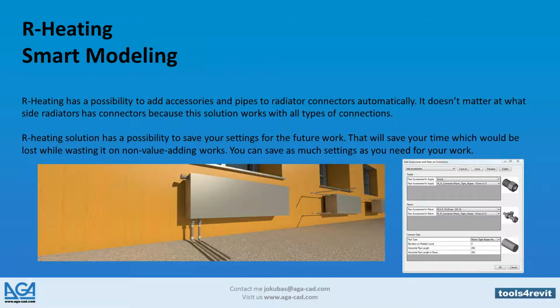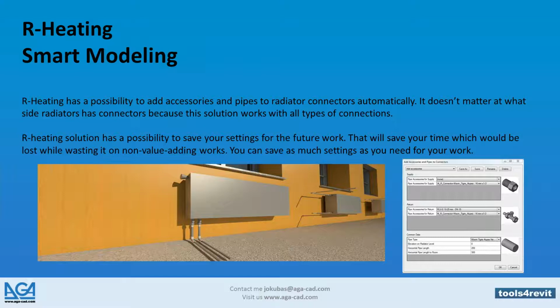It's side connections or it's bottom connections. It doesn't matter. As you see here, it's a bottom connection, it's side connection, it's only one side connection for inlet and outlet. So it automatically adds the connectors to the radiator.